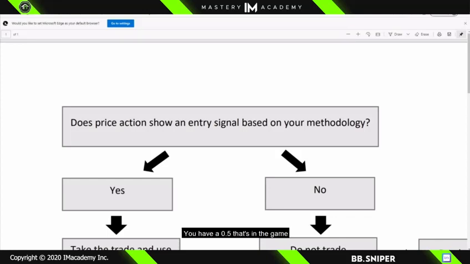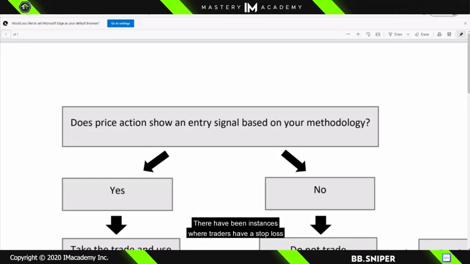You have 0.5 that's still in the game, and now you're kind of waiting. Well, if you're going to move your stop loss further, then what's the point? I probably wouldn't do that. I've never done it before. I don't see myself doing it. But it doesn't sound like a bad idea.